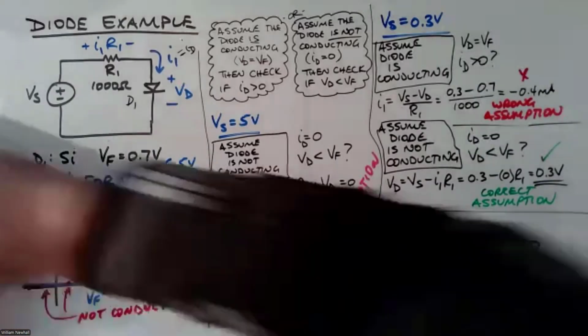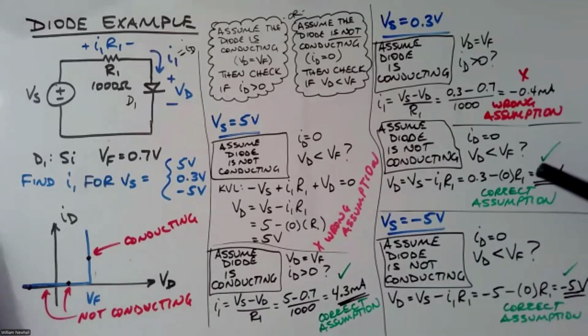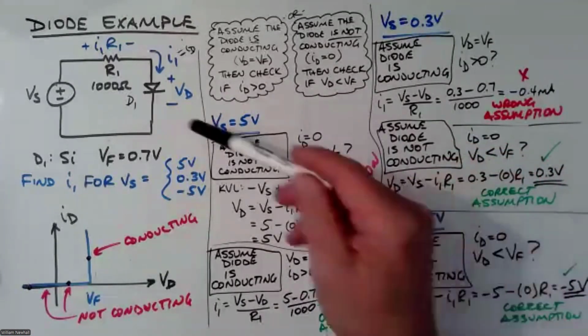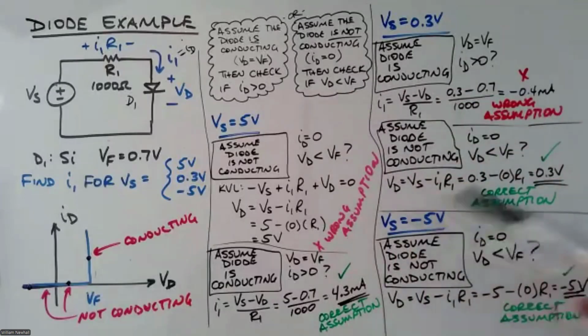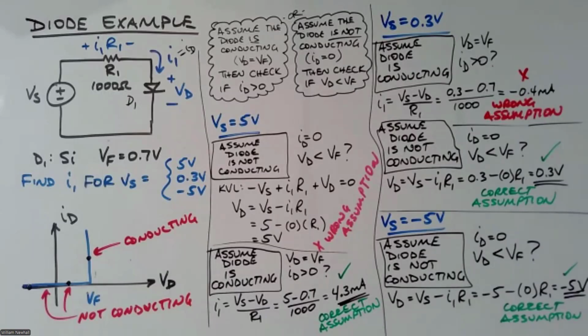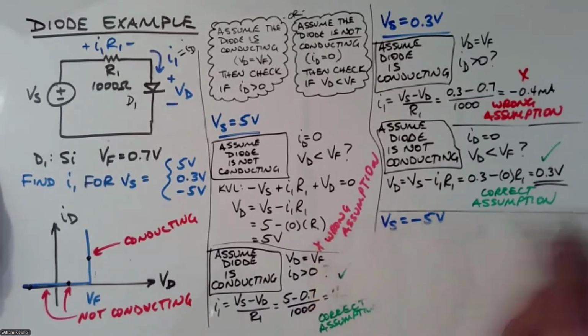All right. So that is generally how you will work the textbook problems or the homework problems. Make the assumption, check the assumption, and get the answer. Next, I want to show you a couple practical circuits using diodes that are pretty common.